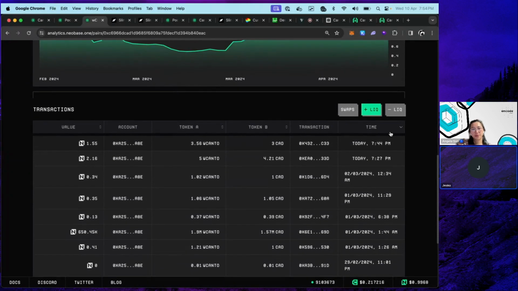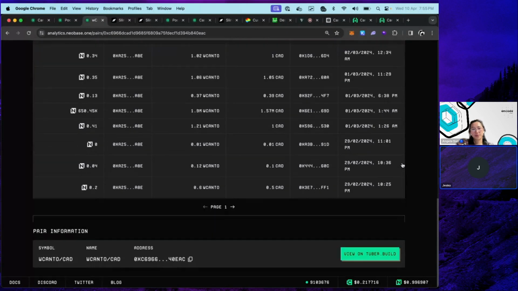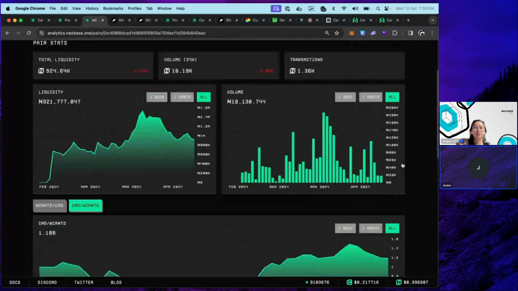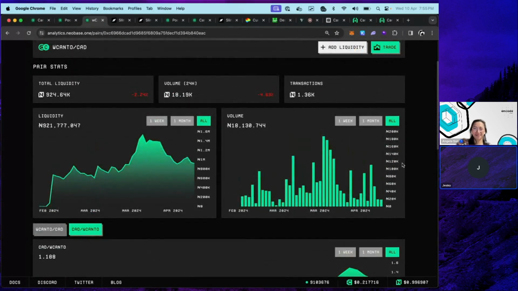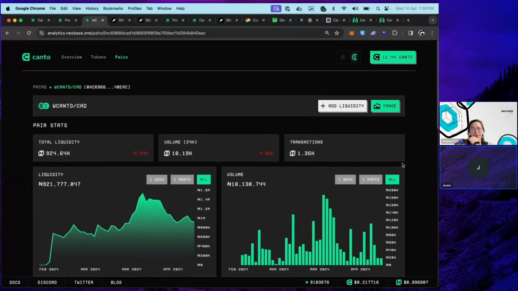So again, if you are a person coming on Canto and trying to create liquidity for your own token, you can come here to track all your liquidity additions, liquidity removals, all the transactions, and virtually anything to do with your token and your pair on Canto DEX, right? So yeah, this is essentially Canto Analytics and everything about the Canto DEX and the pools on Canto, right?